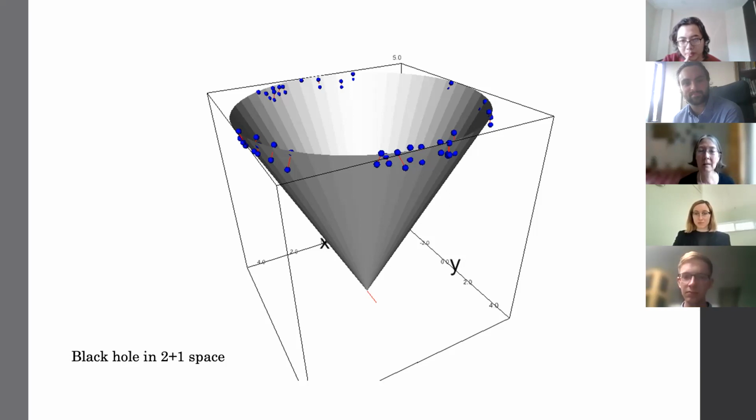Sorry for interrupting. What do you mean by the right way? It scales, in this case, like the length of the circle, the circumference of the circle.